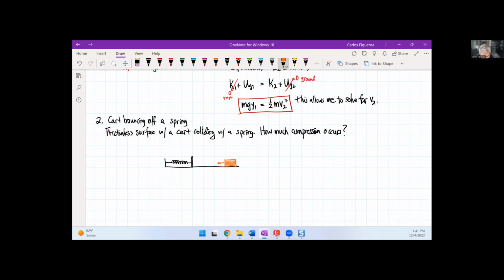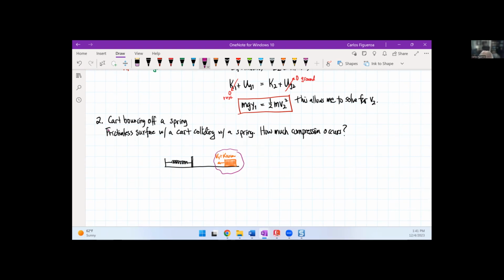And what I'm going to say here is that if I know the initial speed, let's say this guy comes in with some speed 1. So this is a known quantity. Now I ask about my system.